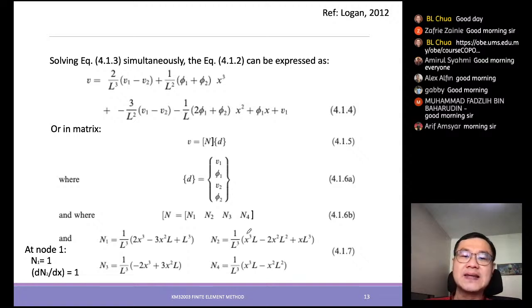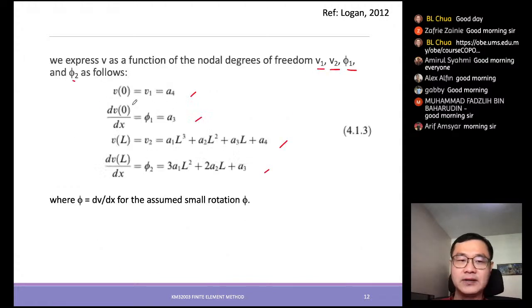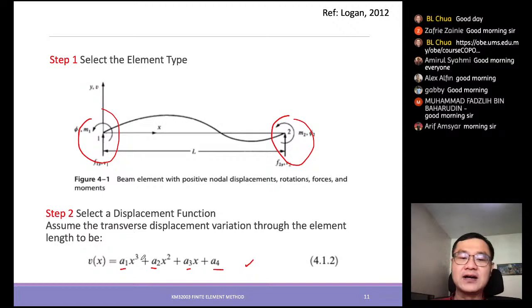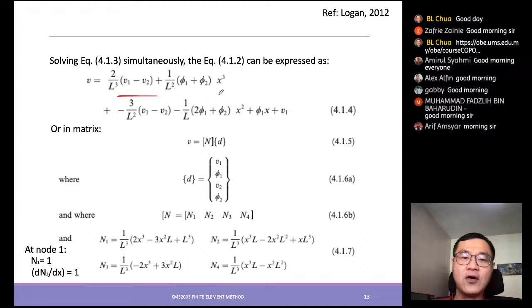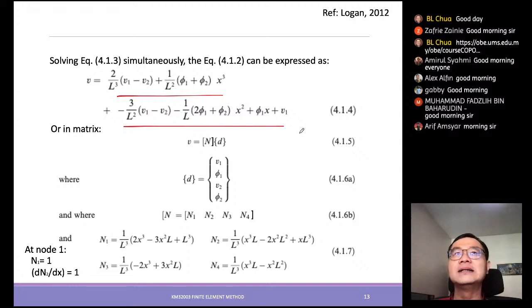Once we get that relationship, we have to solve equations 4.1.3 simultaneously, and from there we can re-express the whole displacement function, which relates to a1, a2, a3 and a4, into this form. So this is the complete form of the displacement functions for the beam elements.